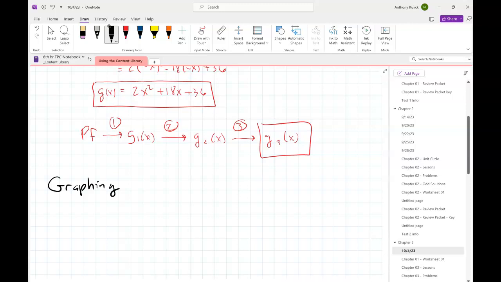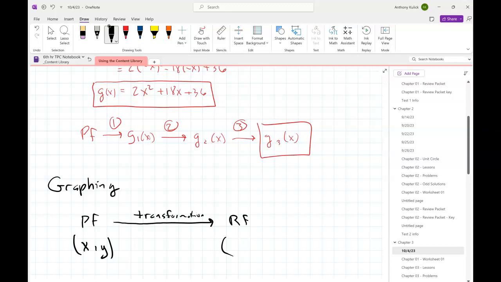Because that's really the place where we're going to use this the most in the next chapter. So here's the lovely part. We have some points in our parent function that are x, y's, and we want to end up at points in our resulting function, doing some kind of transformation, right?